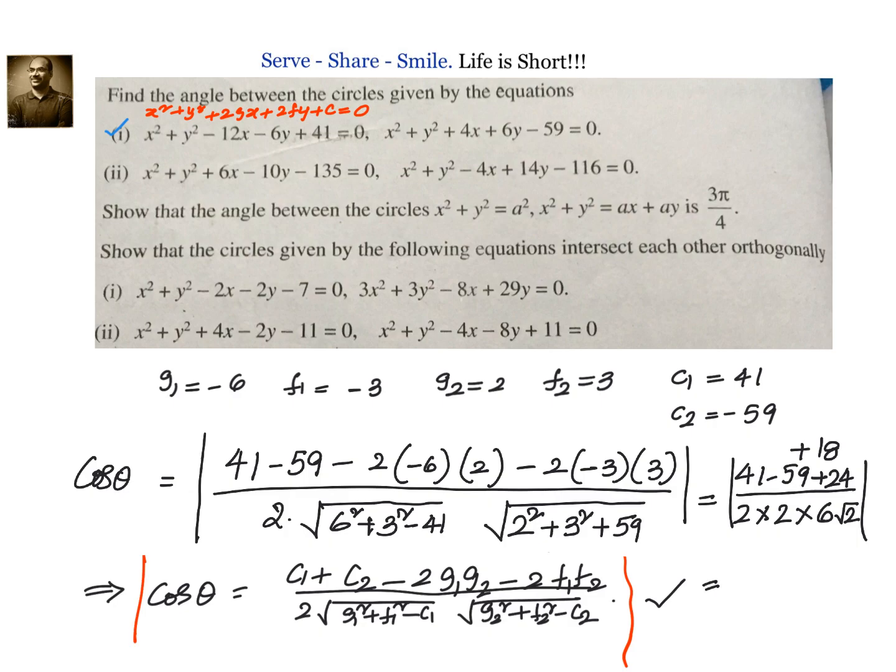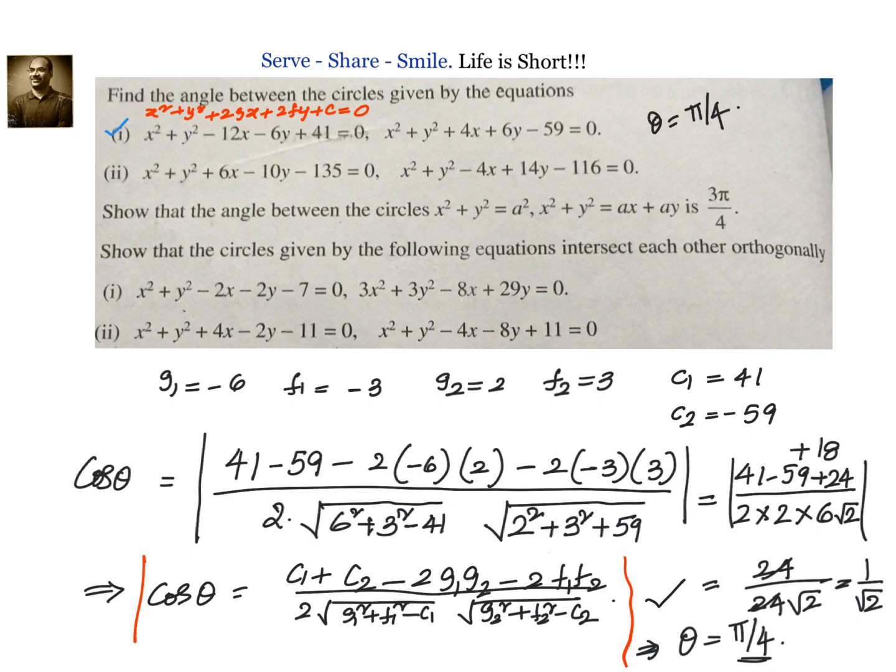We will have 24 divided by 24 root 2. Now 24 will cancel, that will be 1 by root 2. So cos theta is 1 by root 2, that means theta equals to pi by 4. So the angle for the first one is theta equals to pi by 4.